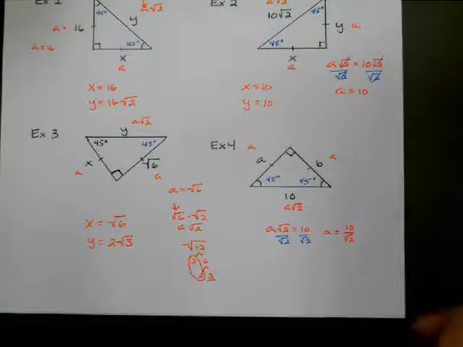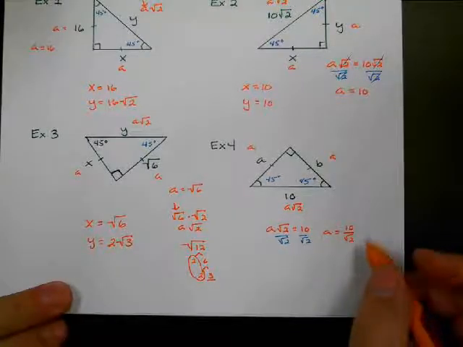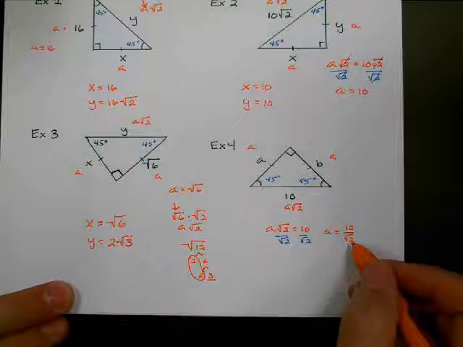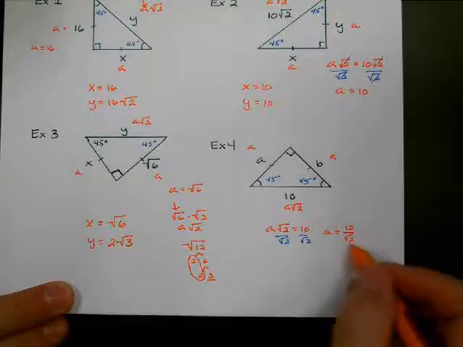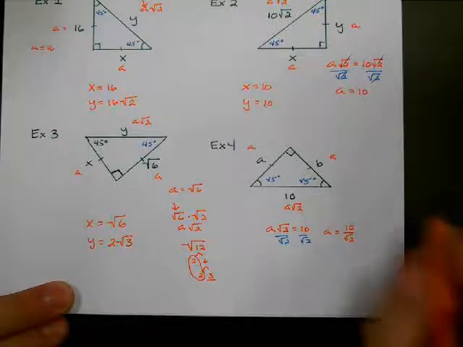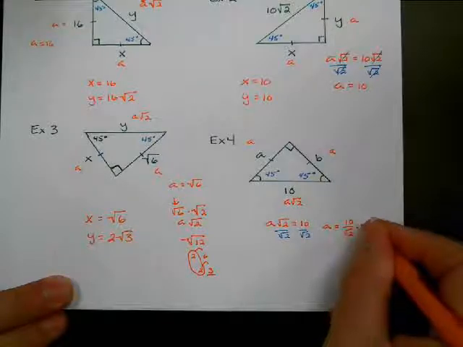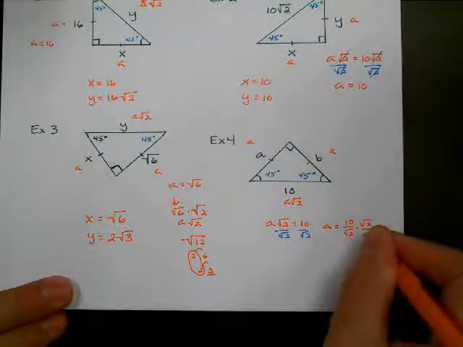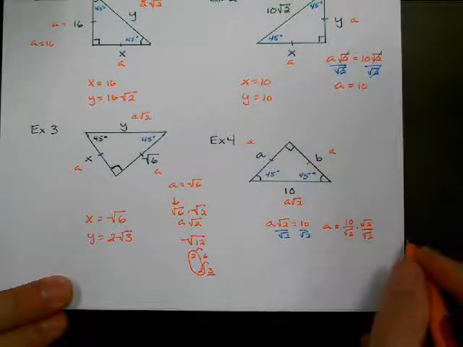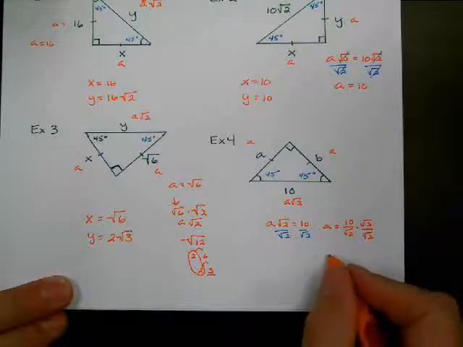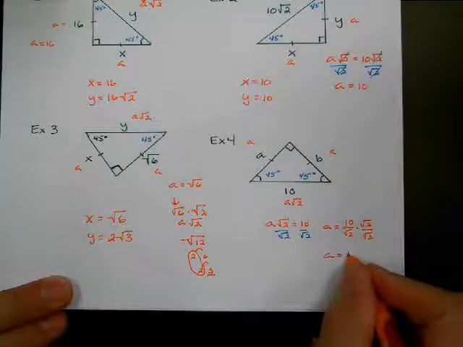All right, so we're going to get rid of the radical in the denominator. So we're going to rationalize the denominator. So here I multiply by root 2 over root 2. So I end up with 10 root 2.